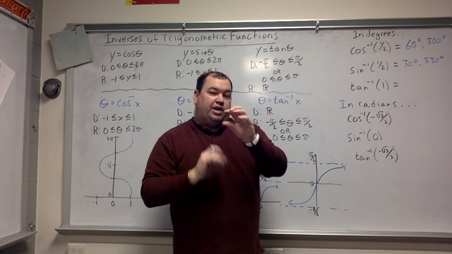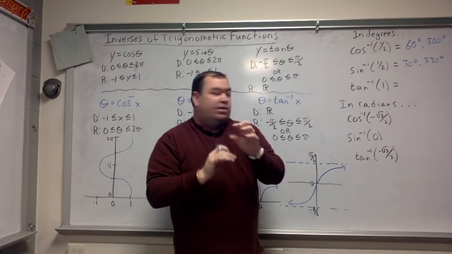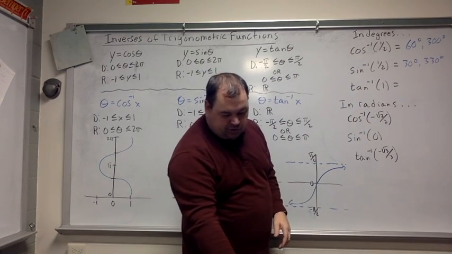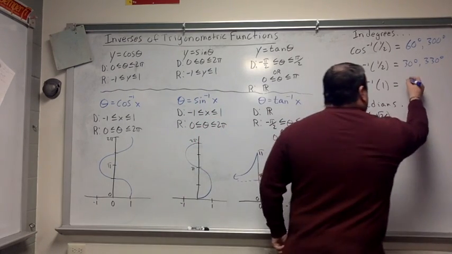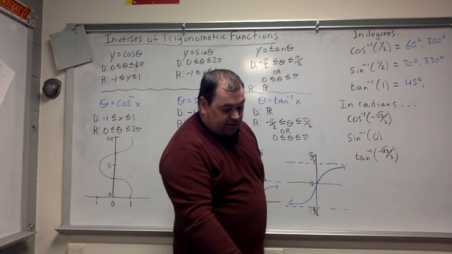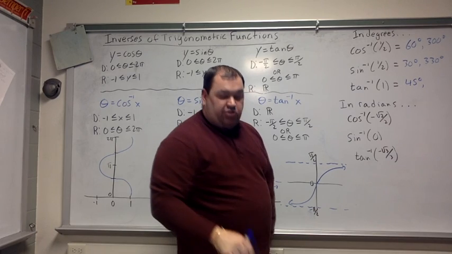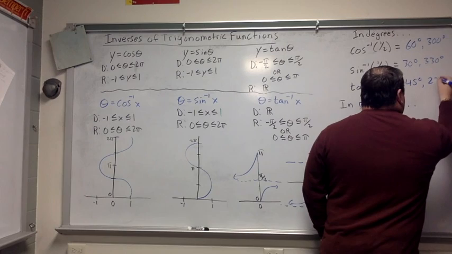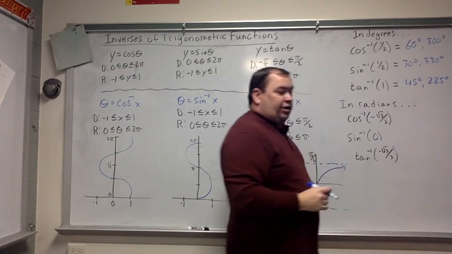So I'm looking for sine and cosine to be the same. That way I get a +1, and there are two of them. The first one shows up at 45 degrees. The second one shows up not at 135, but at 225, where they are both negative, and they cancel out to give me a +1.